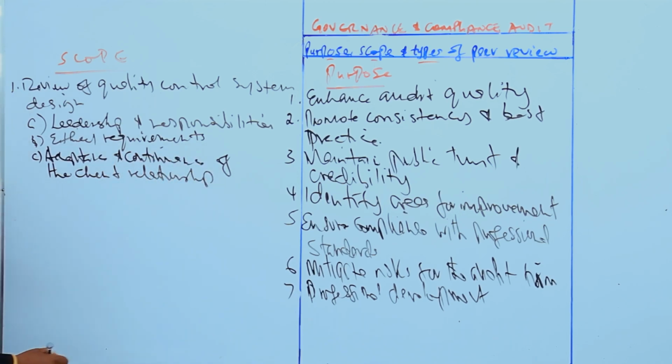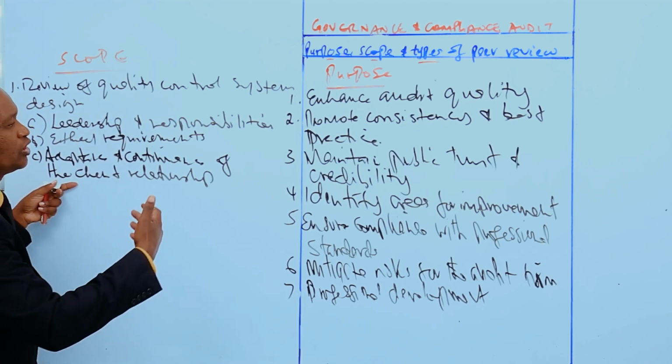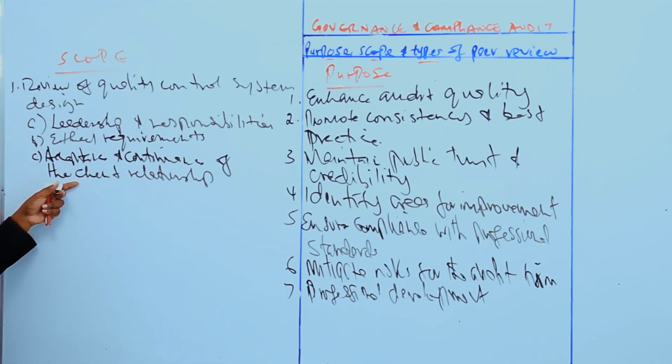That is also part of the scope. That means reviewing the process for deciding whether to accept or continue governance and compliance audit engagements, including consideration of client integrity and the firm's competency. That is review of quality control system design.